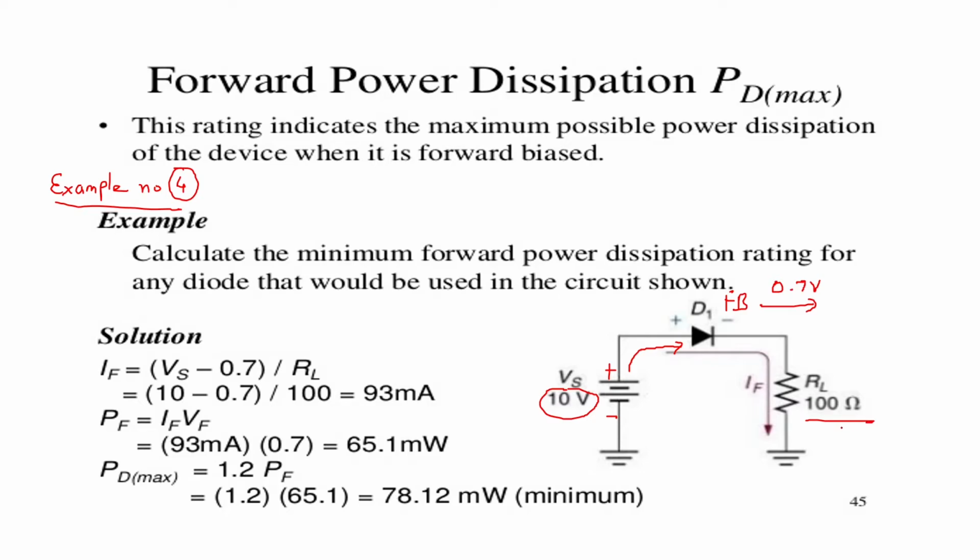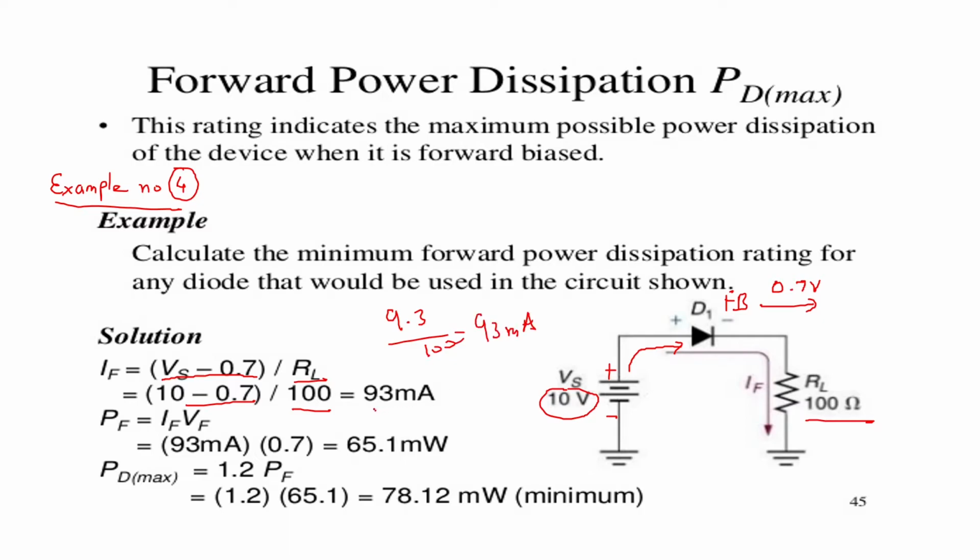Now again we will find out the minimum forward current first, and then we will find out the power dissipation. To find out the minimum forward current, the formula will be Vs minus the potential barrier upon RL. So 10 minus 0.7 upon 100 ohms, that is 9.3 upon 100 ohms, which will give you 93 milliamperes.